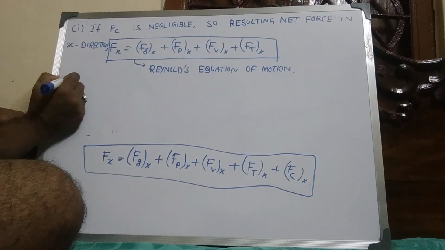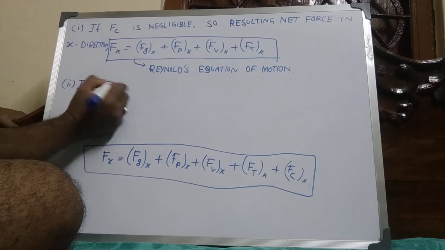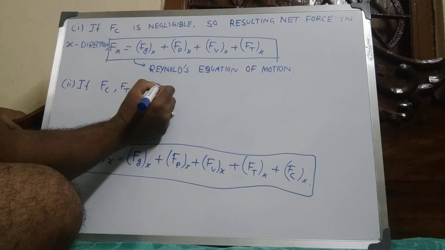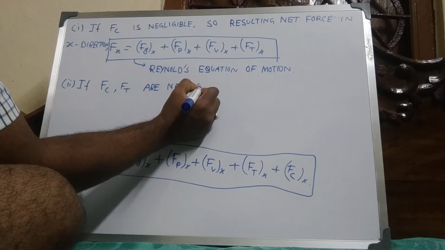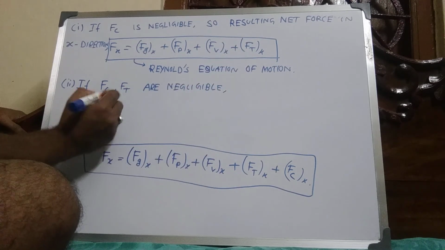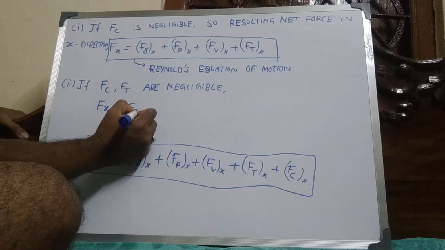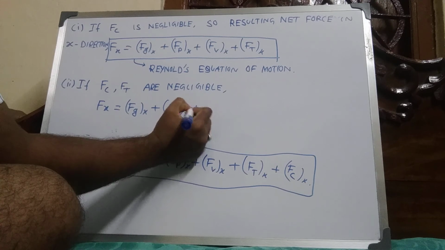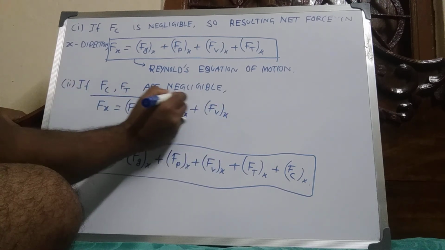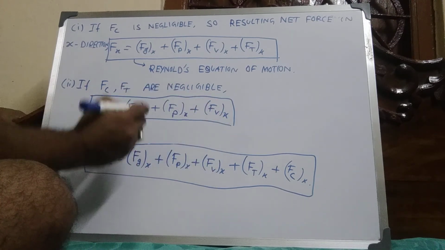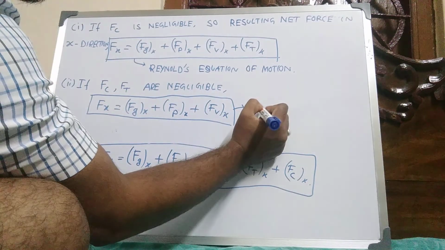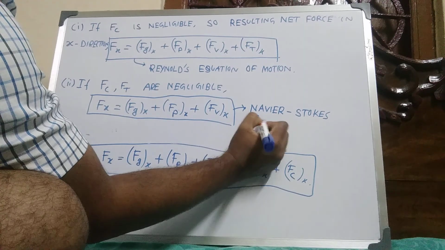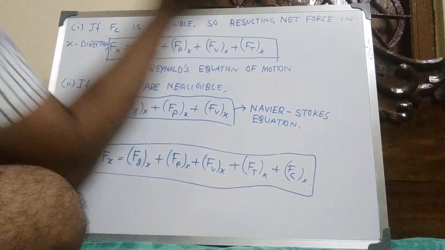Understand? Number 2, if Ft and Fc are negligible, then the resulting force in the x direction equals Fg, Fp and Fv in the x direction. This is the Navier-Stokes equation. This is very important.